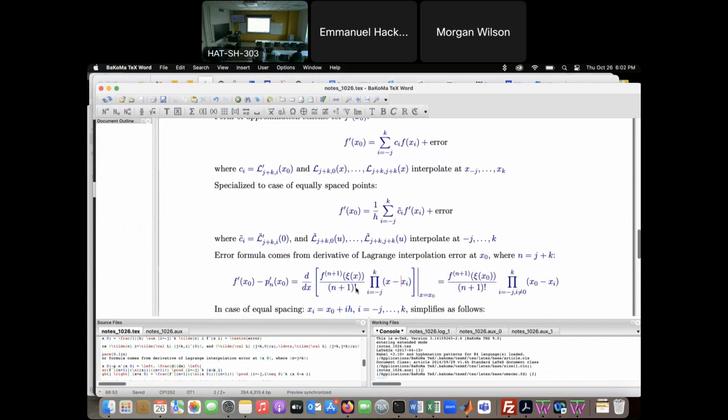So the only term that arises from a product rule that isn't going to go away is the one that differentiates the term x minus x naught, which would be 1. So in other words, it's all of the terms in this error formula except for x minus x naught. And then you plug in x equals x naught to be all the other terms. So now we have this.